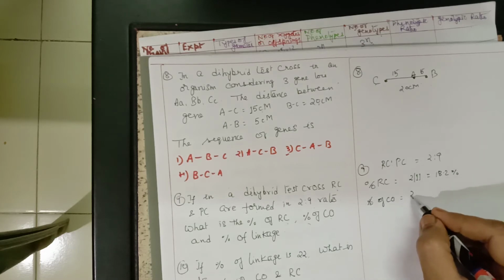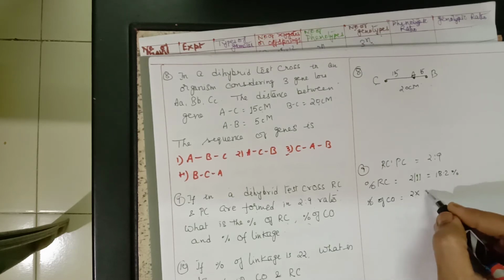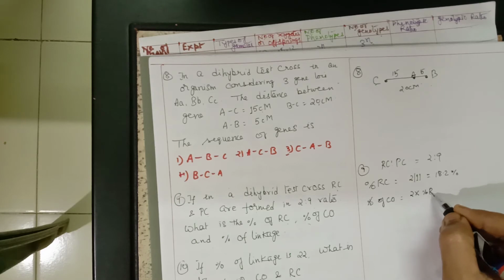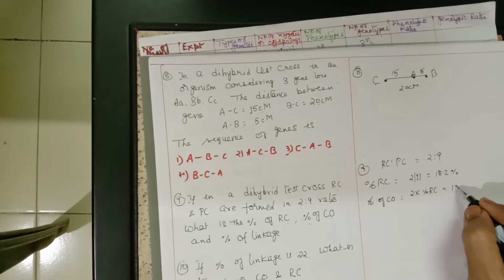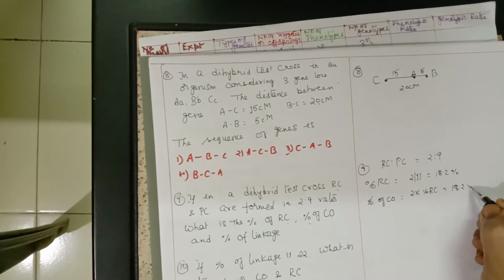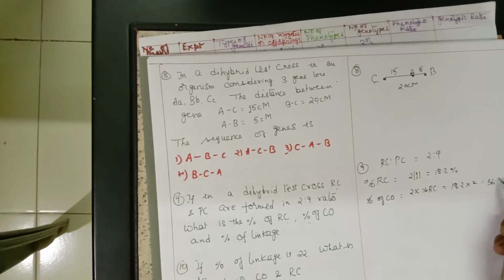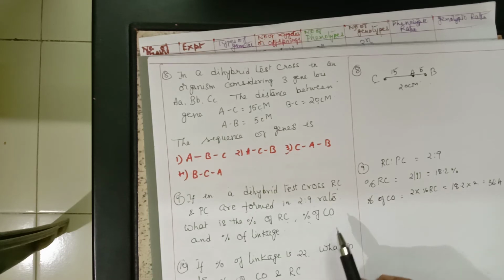Percentage of crossing over is calculated as 2 into percentage of recombination. So 18.2 into 2, if you multiply, you will get about 36.4. That is the percentage of crossing over.